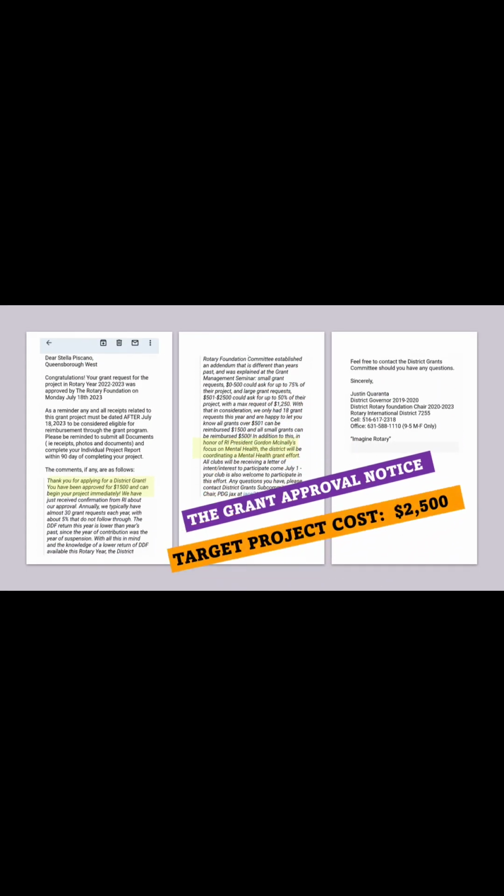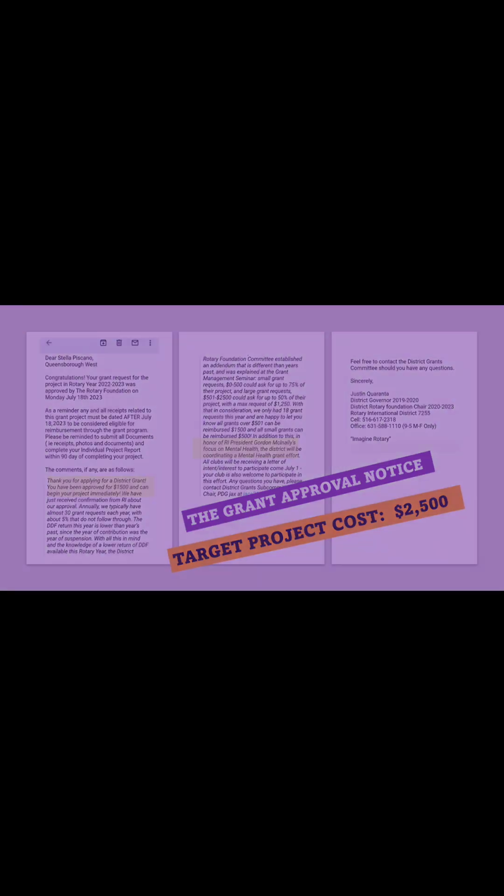So I will now open a set of slides that will explain the grant itself, the service project itself that we are going to do as a club. This is the email they sent us that shows that we have been approved for a grant worth $1,500, which means that the original budget of $5,000 we can now adjust to something like $2,500, where 1,500 comes from the district and 1,000 is ours to raise.